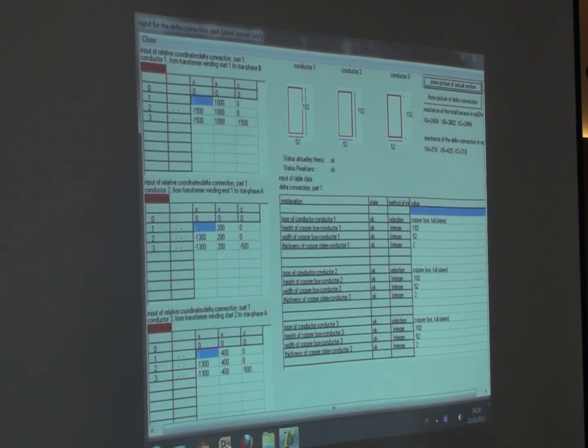Yeah, this is a system with 1, 2, 3, 4, 5, 6, 7, 8, 9 reactances, a square of 9 reactances. And he is giving you the equation.